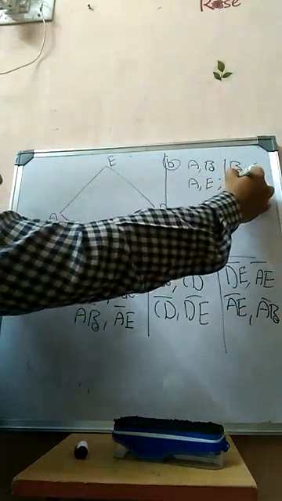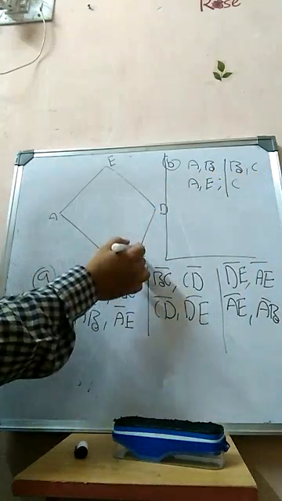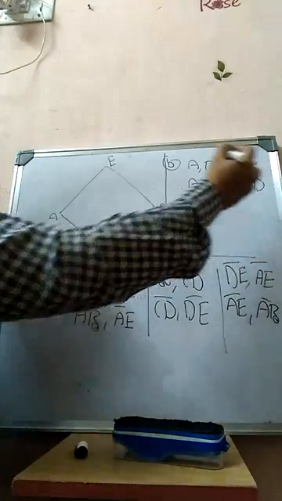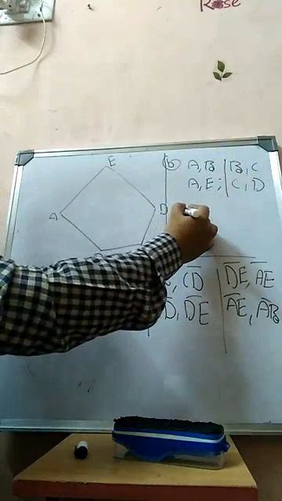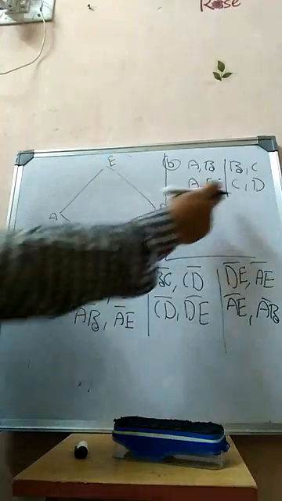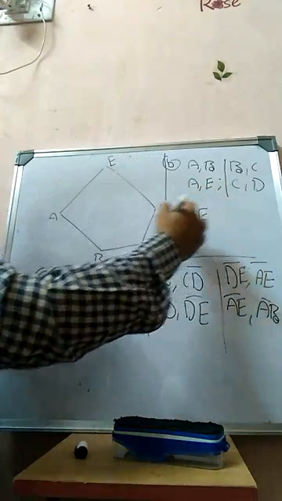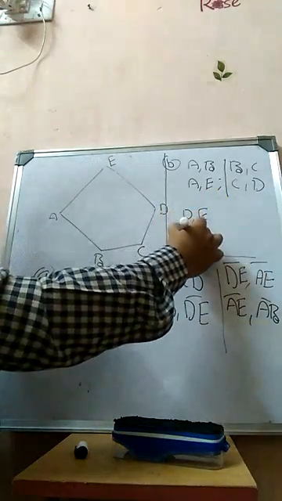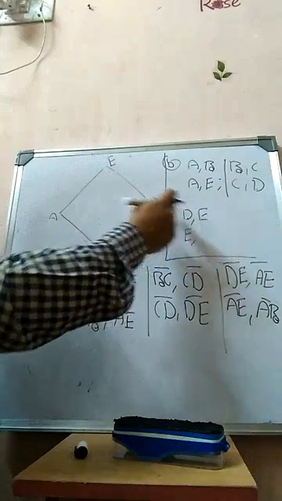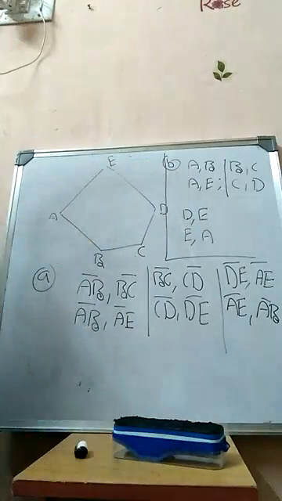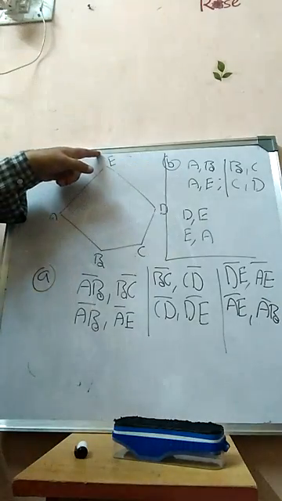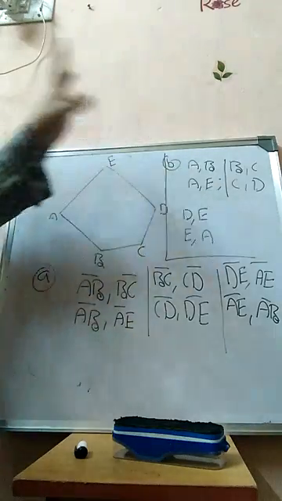Next C. C's adjacent vertices are B and D. BC already written, and now C, D. Next, take D. D's adjacent vertices are C and E. CD already written, now remaining D, E. Next take E. E's adjacent vertices are D and A. E, D already written, now E, A. Next, A's adjacent vertices are AE, already written, and AB, already written. We started from there only.